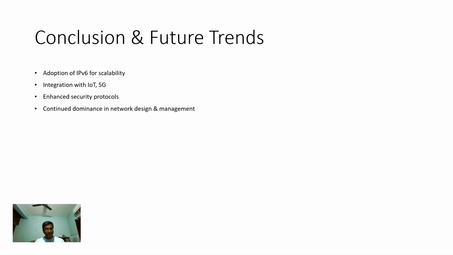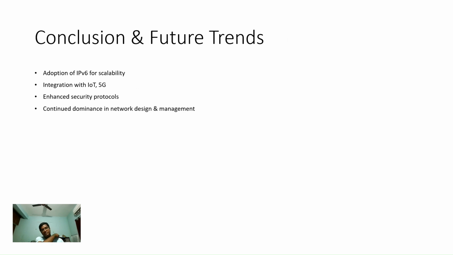And when we look at the conclusion and future trends, it's the adoption of IPv6 for scalability, and big integration with IoT and 5G. We are still moving ahead, moving into the areas of 6G also.